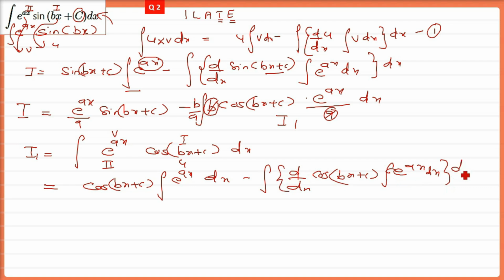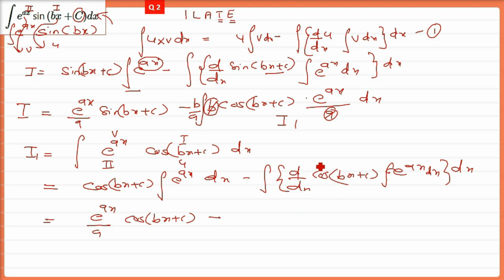And once this is done, we'll again integrate it. So e raise ax will be e raise ax divided by a. Cos bx plus c remains unchanged. Minus d by dx of cos is what? Differentiation of cos x is minus sin x.